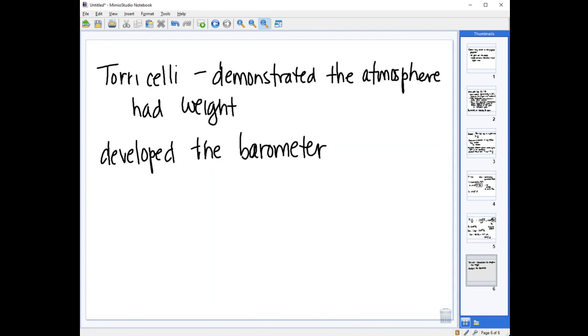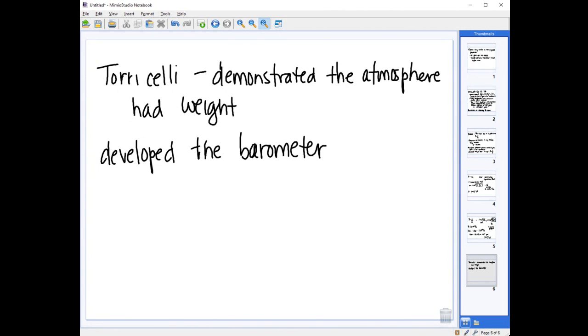What he said is that the mercury within the dish has pressure exerted upon it by the atmosphere, and that pressure keeps mercury in the tube.